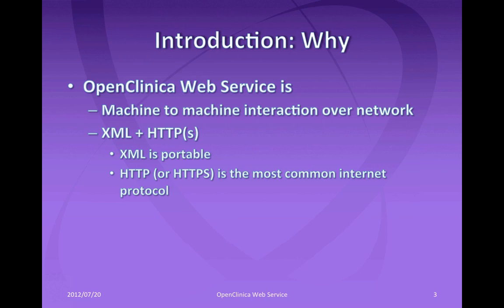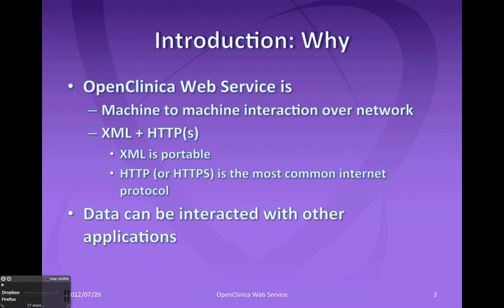HTTP, or its secure form HTTPS, is the most widely used Internet protocol. In combination, they help to create an interface that communicates using openly defined, standardized protocols, are self-contained and self-describing, and can be discovered and used by other applications.